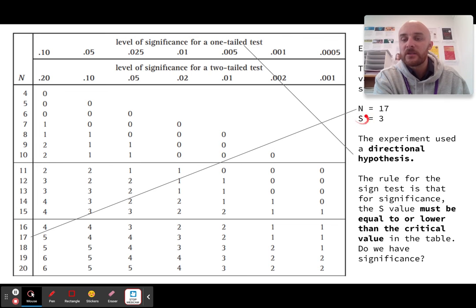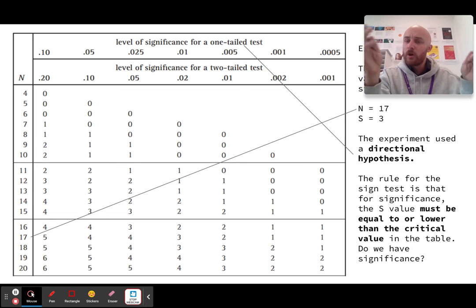The S, I should say, not to get too confusing here, each stats test has an observed value, but each stats test calls it something different. For the sign test, S is the number that gets crapped out. I'm sorry to be so crude, but S is the number that gets crapped out of the sign test.